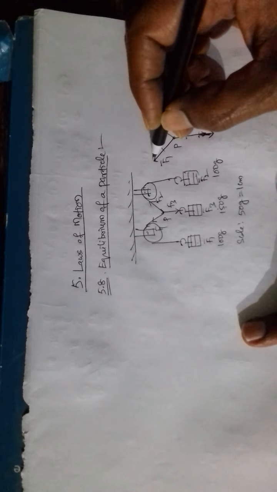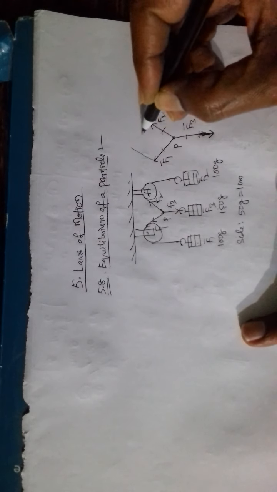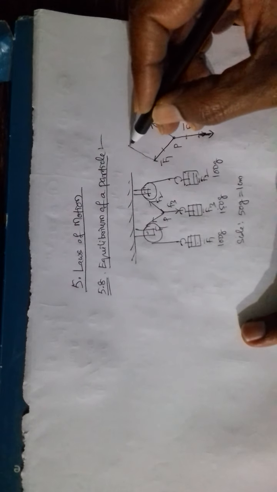Now afterwards we draw a parallelogram. Parallel to this side we draw a line here, and parallel to this side we draw another line here. The two lines intersect here, and this is the diagonal for the parallelogram.